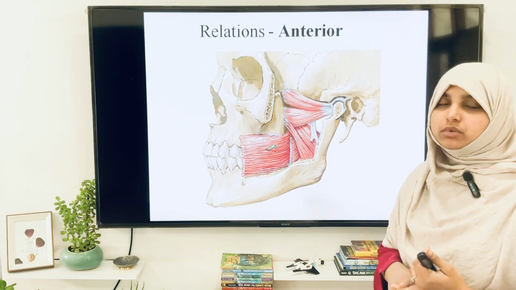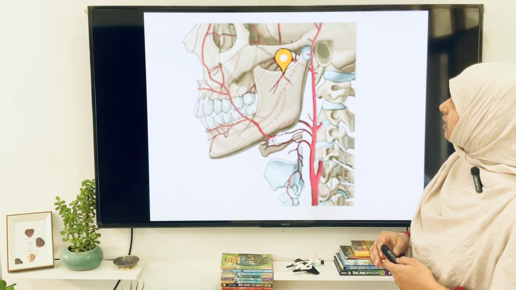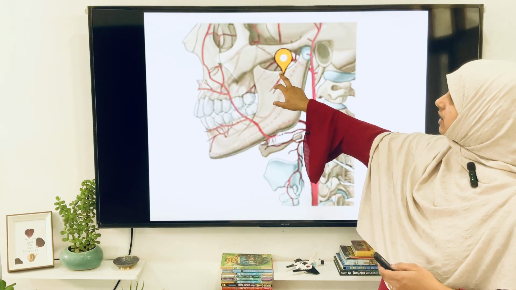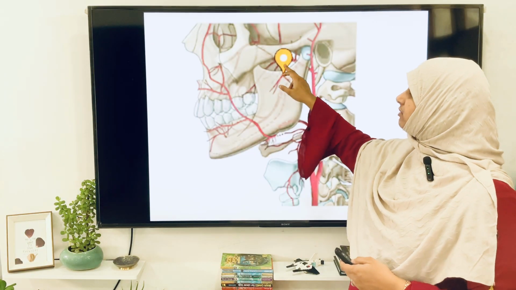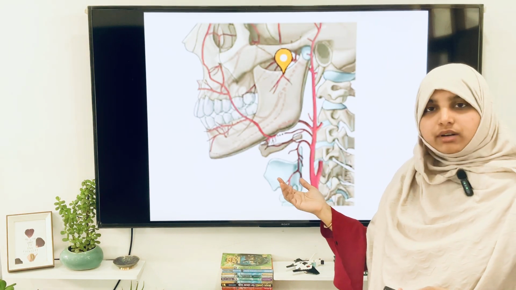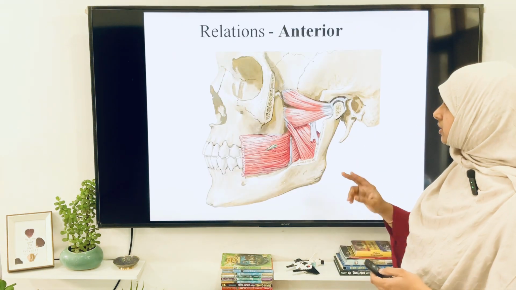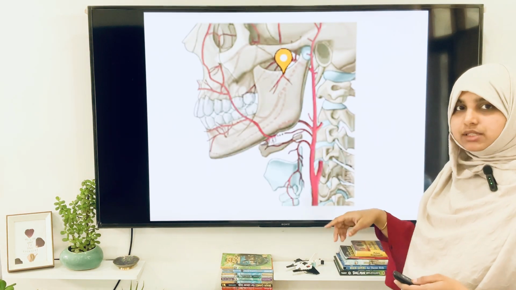That is the most important relationship. Next, around the mandibular notch we have the masseteric vessels and nerves coming out. So anteriorly we have two structures: number one, the lateral pterygoid, and number two, the masseteric vessels and nerves.